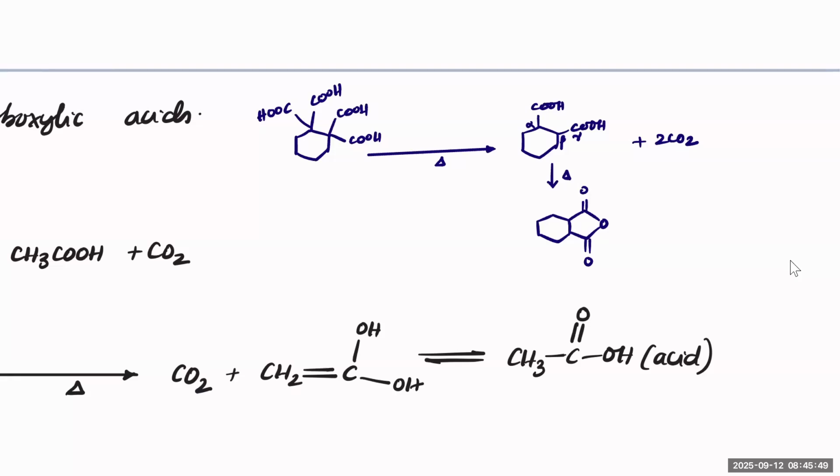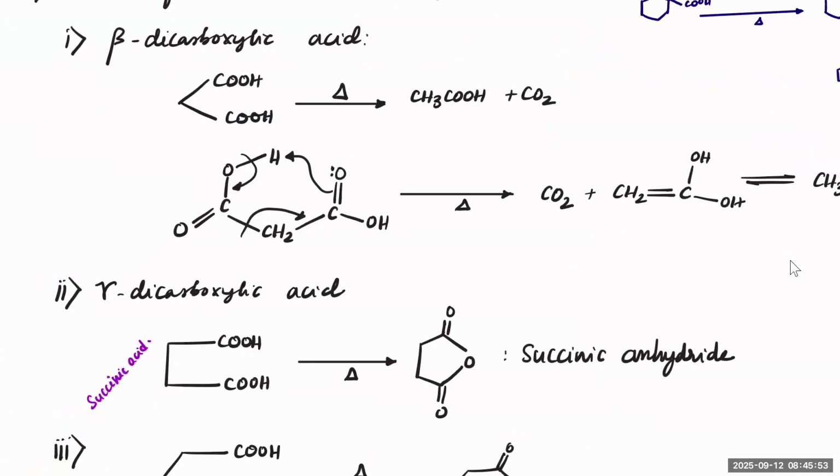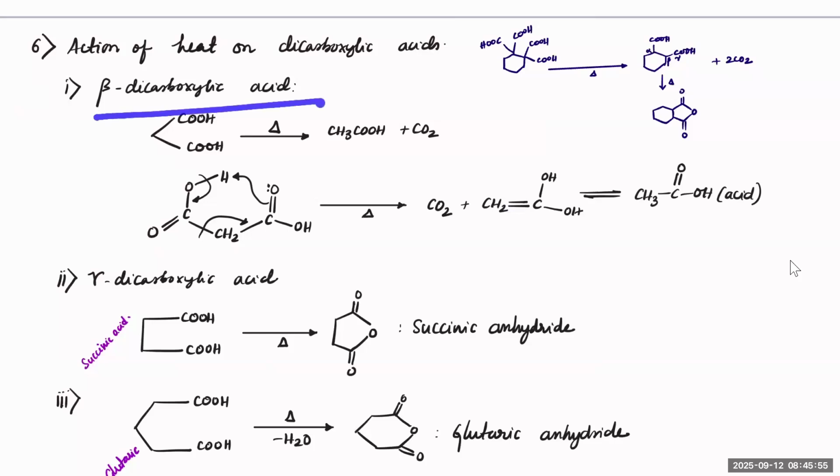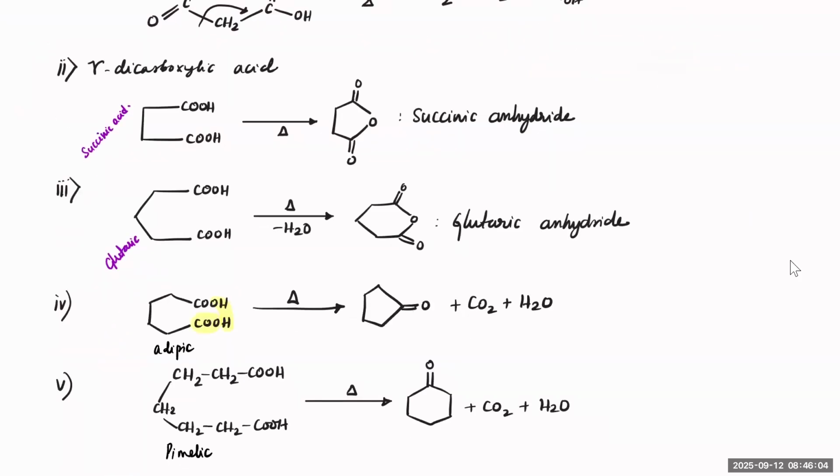You'll get a cyclic anhydride here on heat, correct? First, beta dicarboxylic acid will undergo decarboxylation and that's how you get an acid. Next, when it comes to gamma, if you have succinic acid, that on heating will give you succinic anhydride.